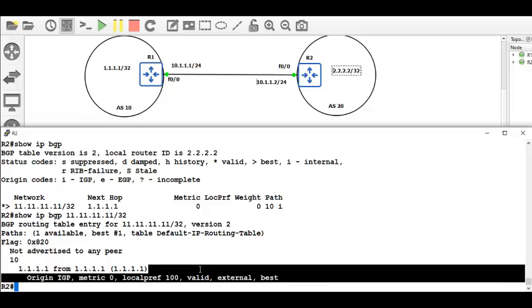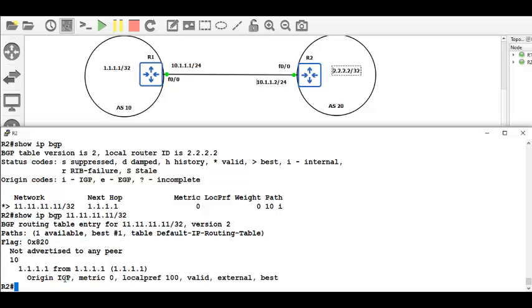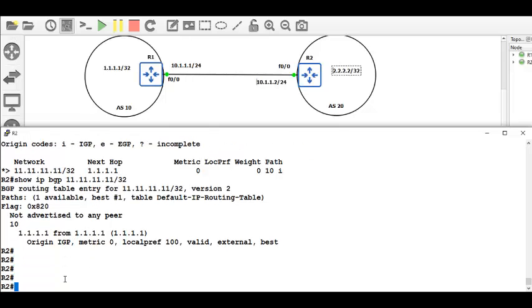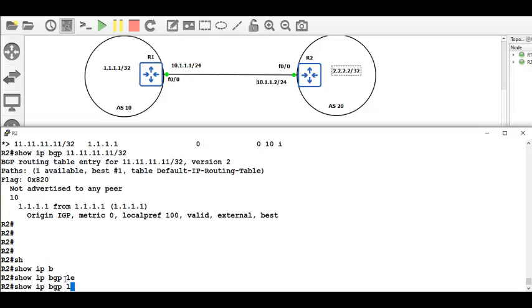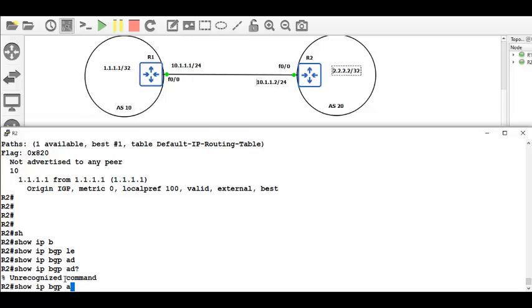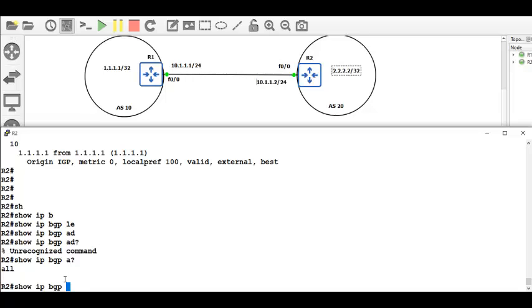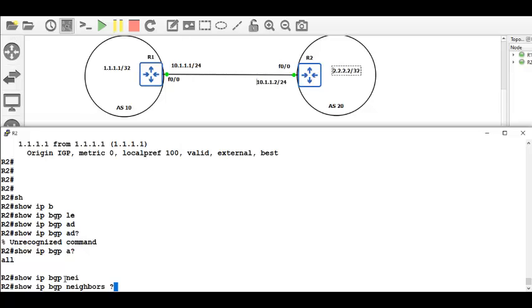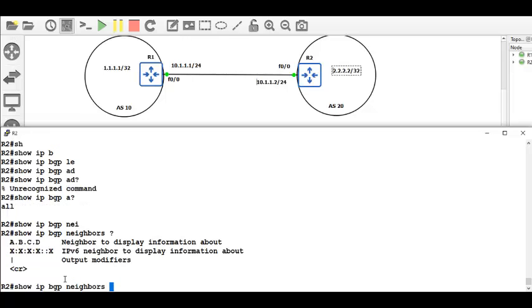So, the show IP BGP command will show you this thing. Show IP BGP neighbor advertised routes. Why do you say neighbor? Neighbor then advertised routes, right, sir? Okay. Yeah, that's right. Neighbor received routes.